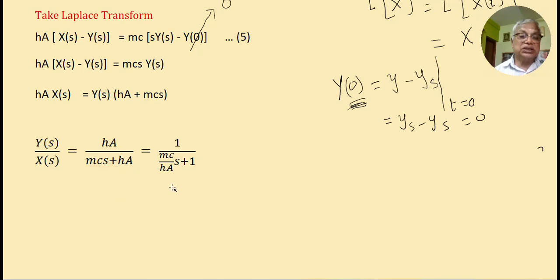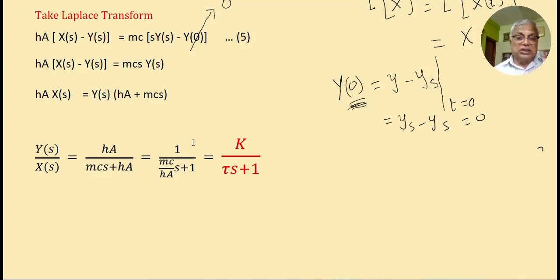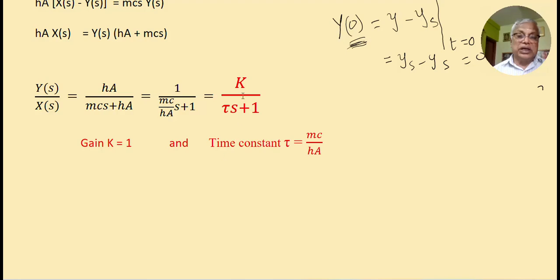So this is of the form k by tau s plus 1, the standard form of first order transfer function. This gives rise to a first order transfer function k by tau s plus 1, where the steady state gain k equals 1 and the time constant tau equals mc by ha.